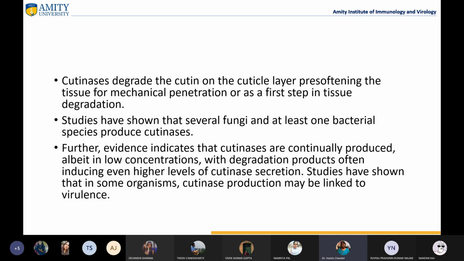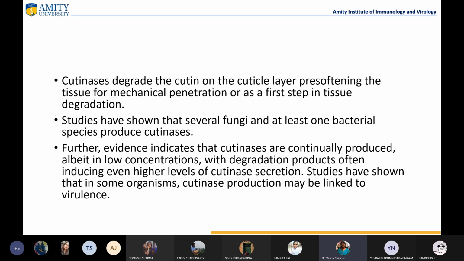So definitely when a pathogen needs to enter a particular plant cell, it needs to cross that barrier, right? So definitely it needs to do something so that it can get entry. So either there may be wounds due to some natural processes or environmental actions in the field, so they can get entry. Otherwise, they need to secrete certain enzymes to soften up the cell walls, and they can get entry into the inside of the cell, right?